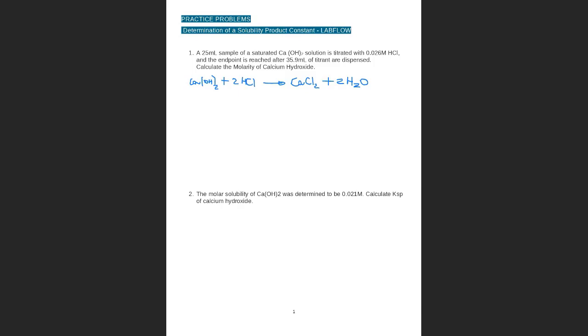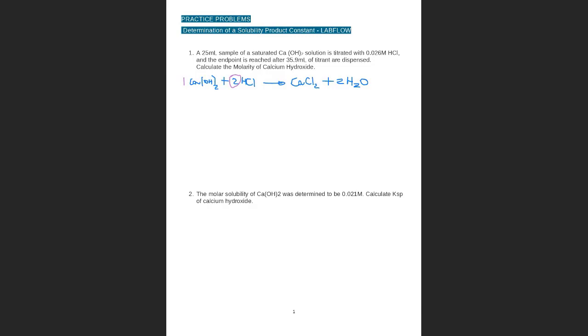So every time you have a problem like this, you need to write the chemical reaction and balance it. Because in this case, we have 1 mole of calcium hydroxide and 2 moles of acid. So that is something that we need to know.